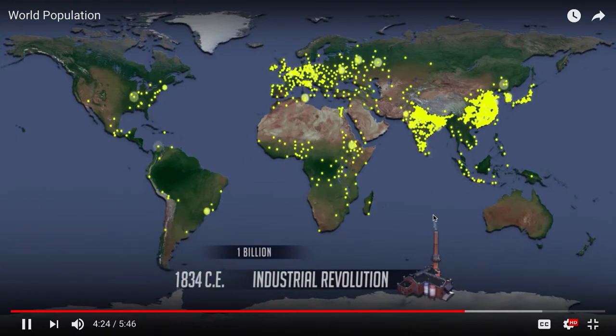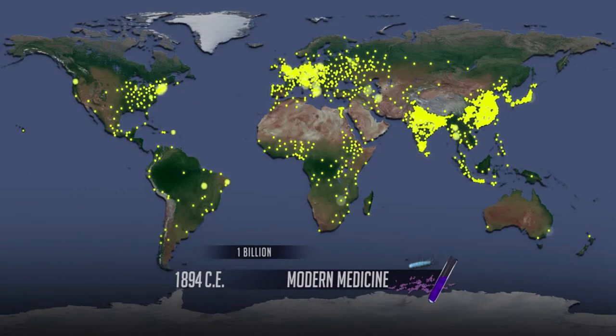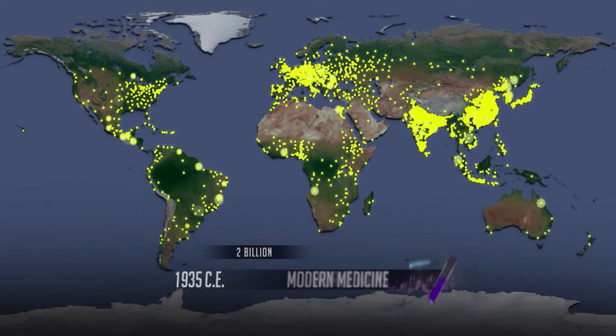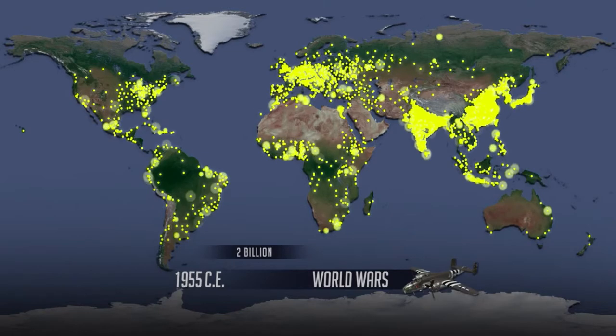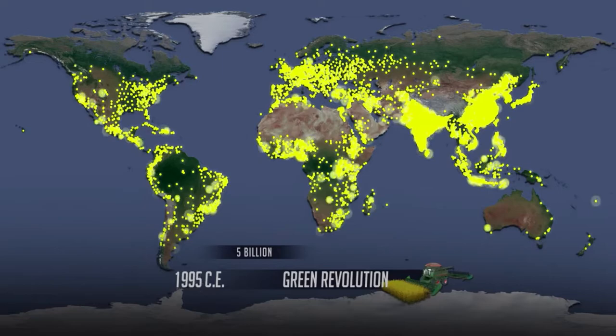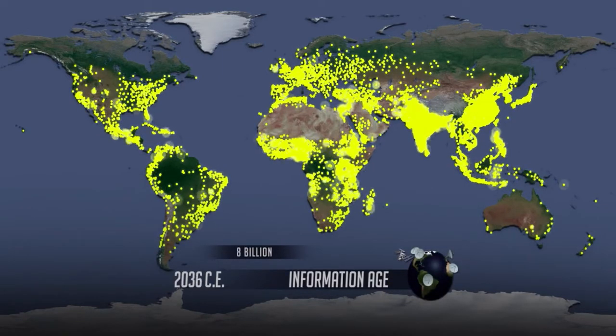Ooh, now I'm going to let it roll. The Industrial Revolution starts in the middle of the 1800s. Modern medicine is invented at the turn of the last century. Right now we're at 2 billion people, 3 billion, 4 billion, 5 billion, 6 billion. So now we're modern day into the future.